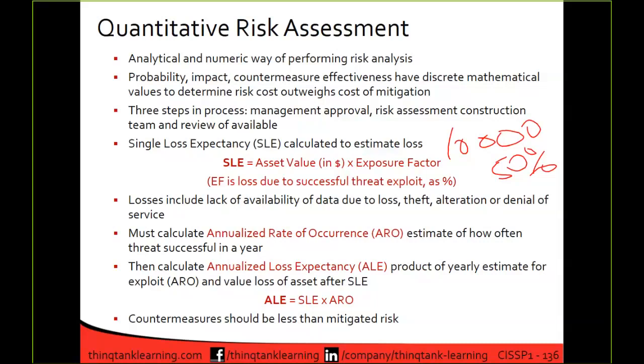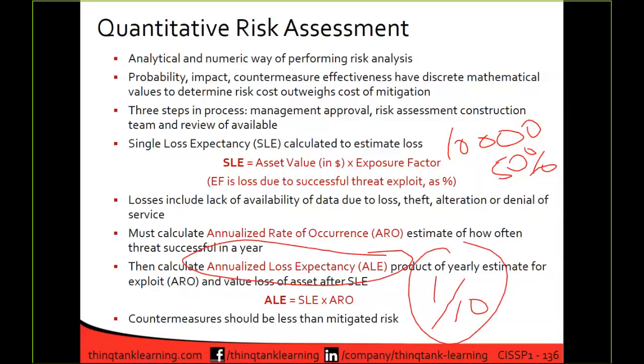Now, that's not the only thing that I need to calculate. I need to calculate the ALE, the annualized loss expectancy. Now, that might be a percentage of the overall SLE value, because maybe 1 out of every 10 years that threat is realized.